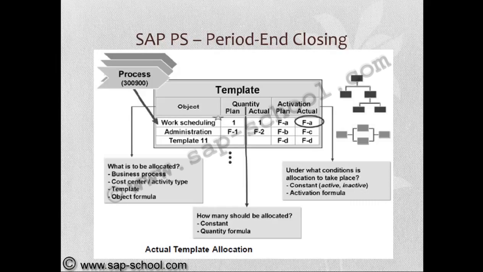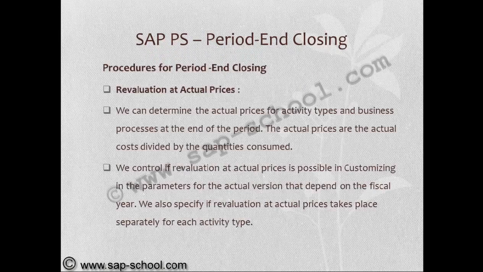In the template we are considering quantity, plan and actual, activation, plan and actual, and how many should be allocated, constant or quantity formula, or under what condition allocation takes place, again cost and activation formula, and what is to be allocated, that is the objects. So this is the template.